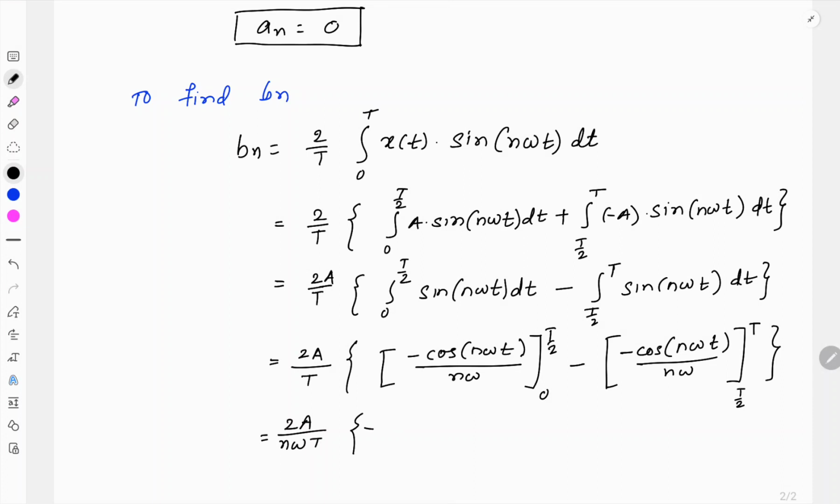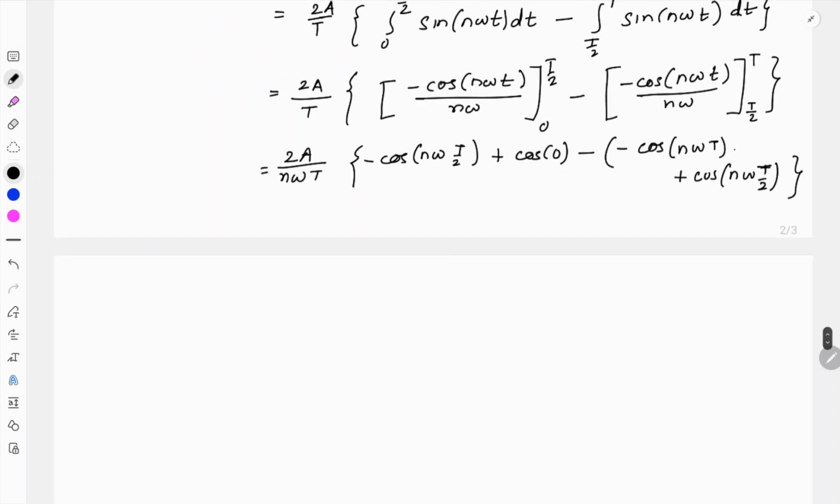So here first term is minus cos of n omega t by 2 minus, so now minus of minus cos becomes plus cos of 0 minus, so in the second term we have minus cos of n omega, upper limit is t, minus, so again it is minus, so minus minus becomes plus cos of n omega t by 2.